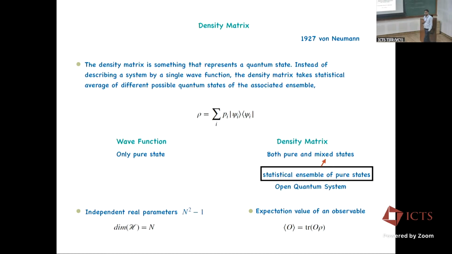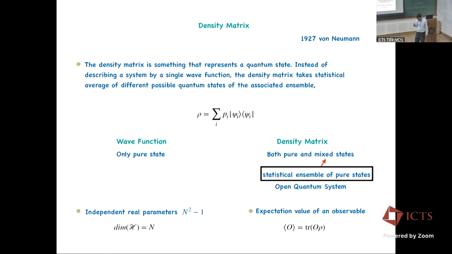To start with, the density matrix was introduced by von Neumann in 1927, and it represents a quantum state. But the wave function also represents a quantum state. Both represent quantum states, but they differ in scope and generality. While a wave function, or a state vector in a Hilbert space, represents what we call a pure state, the density matrix represents both pure and mixed states.